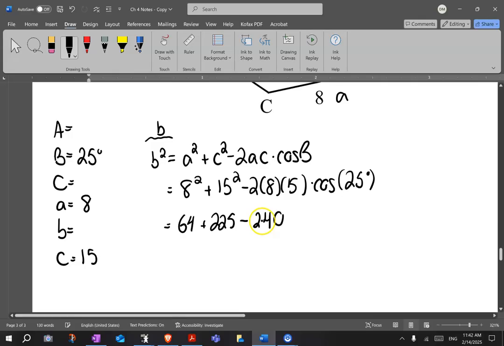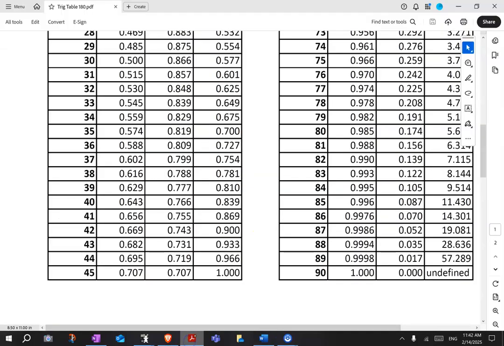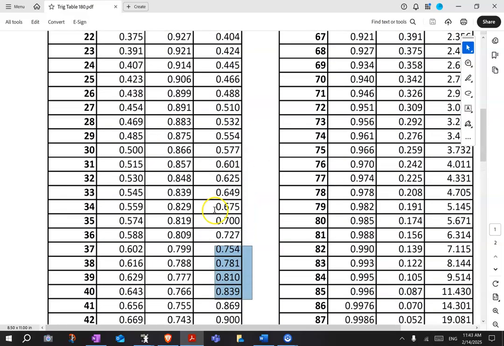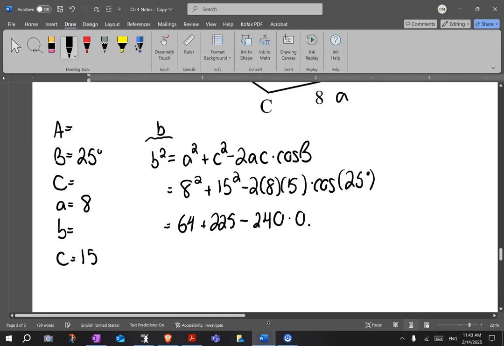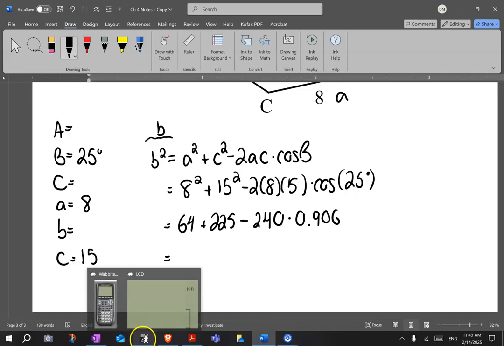So 240, cos of 25. I'm just going to go here, 25 degrees, and I'm going to use the second column. That's cosine 0.906. It's rounded, but times 0.906. So let's put this into the calculator and see what we get.